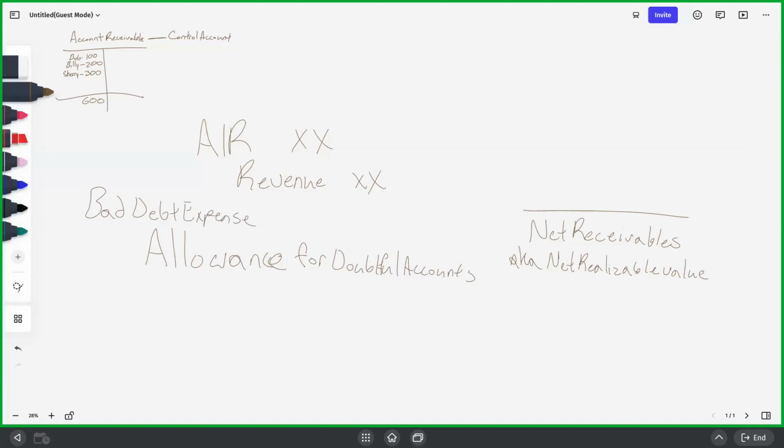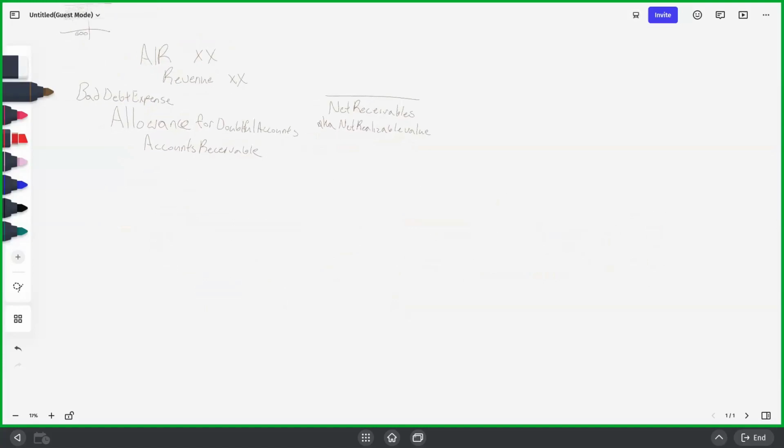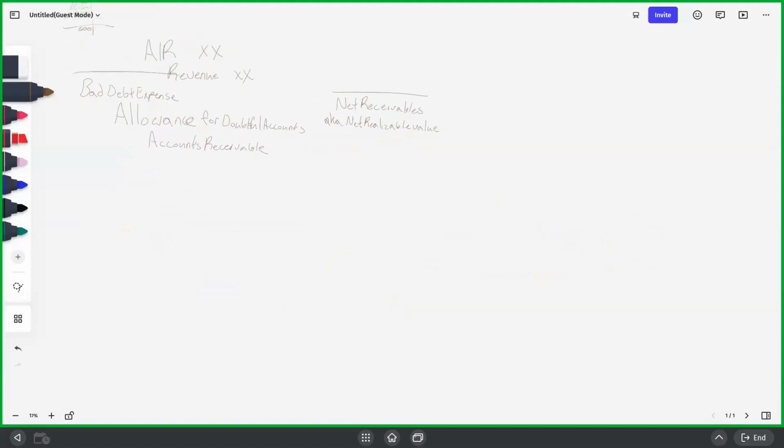All right, and what's the last account that we circle around whenever dealing with the allowance method? Accounts receivable. So I put them in this order specifically because if you remember them in this exact order, you have every journal entry at your disposal.